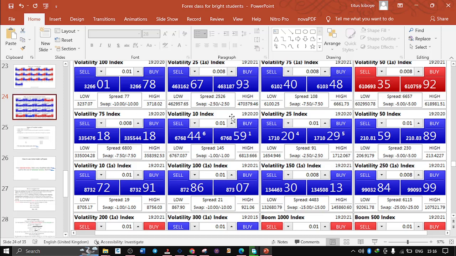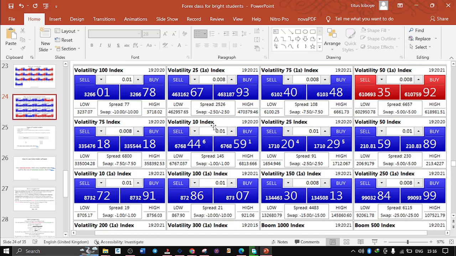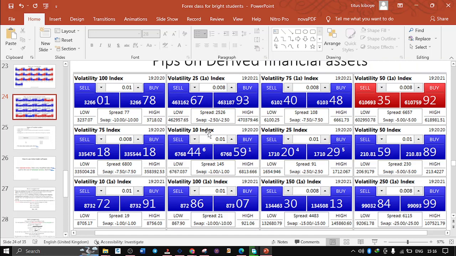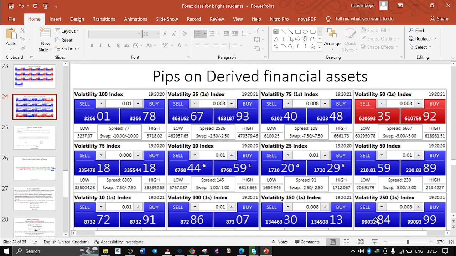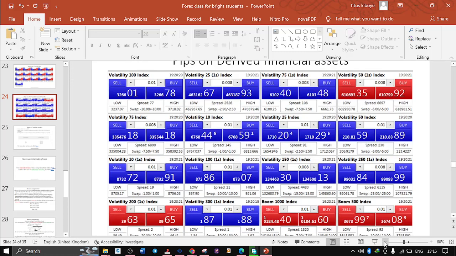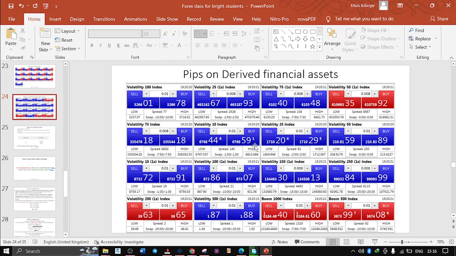Now, are you seeing volatility 10 index around here? I can see volatility 50, where I'm dragging. Extreme right, topmost.